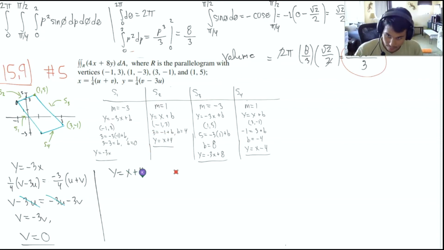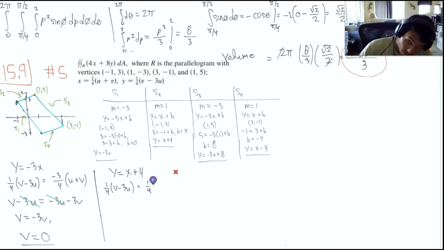Okay, so like we said, 1/4 v minus 3u, which is equal to, and x is equal to 1/4 u plus v plus 4. Let me get rid of the fractions. V minus 3u is equal to u plus v plus 16.